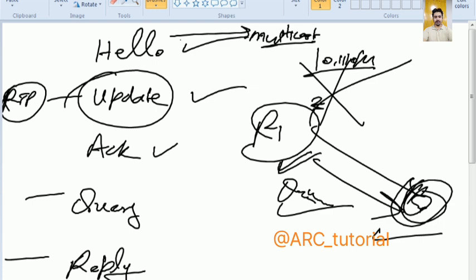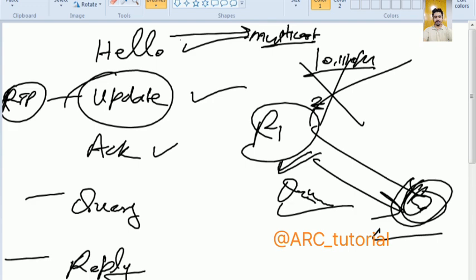Remember, there are two different conditions. In the first condition you have not configured your neighbor statically, so the very first update will go unicast, and all other updates will go multicast. But if you have configured your neighbor statically in EIGRP, then it will always send its update packets as unicast and will never use a multicast address. Third is acknowledgement.